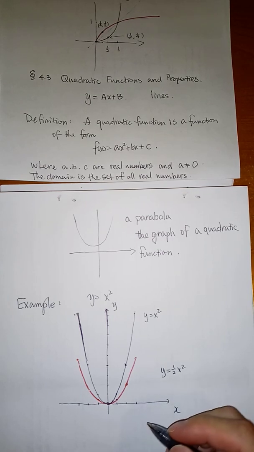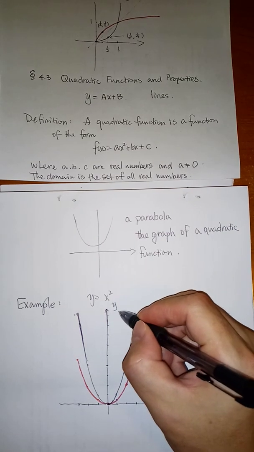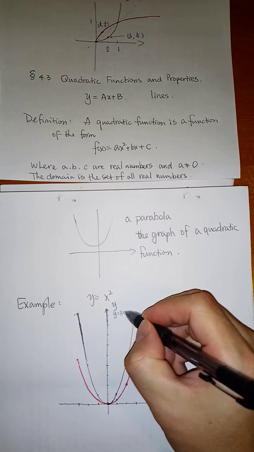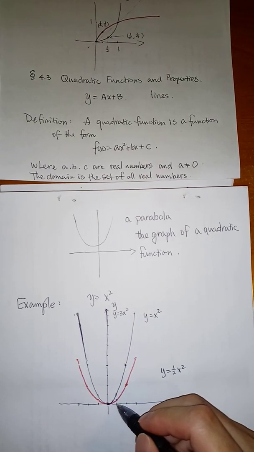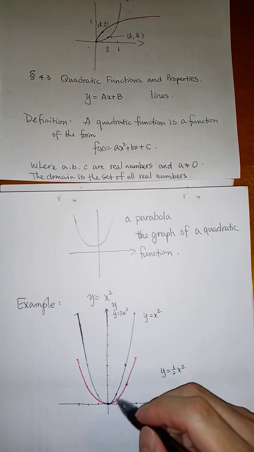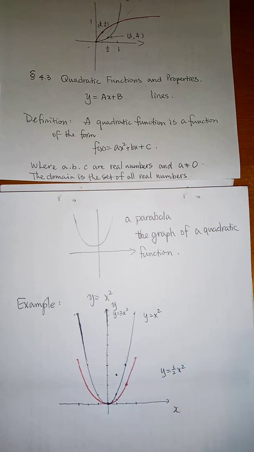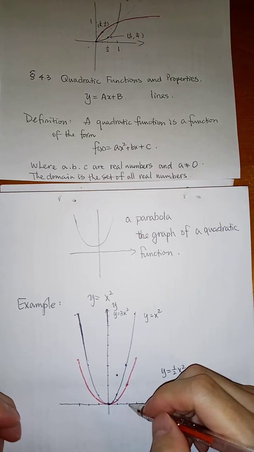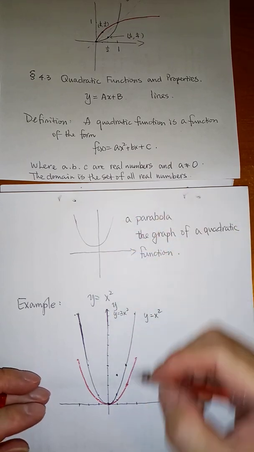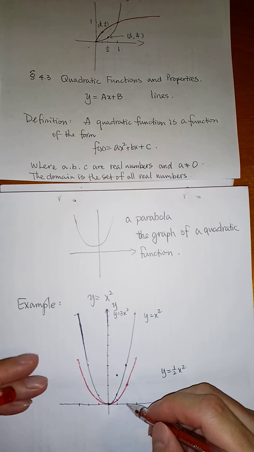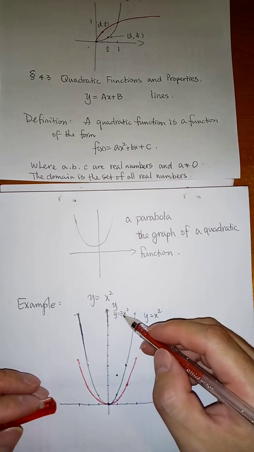And if you want to sketch the graph y equal to 3x squared, well, let's see. When x is 1, 1 squared is 1 times 3, it becomes 3. It's here. When x is 2, 2 squared is 4, and 4 times 3 is 12.